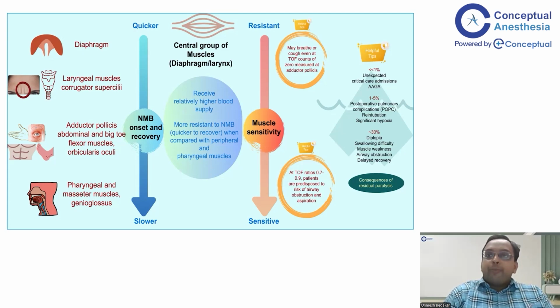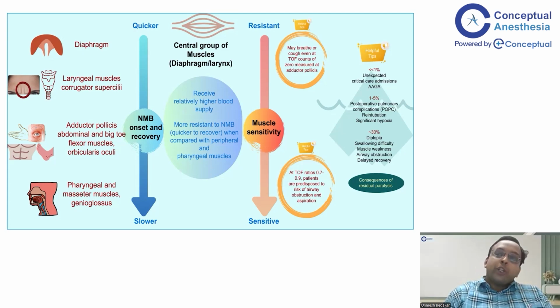In 1 to 5% of the patients, there can be post-operative pulmonary complications, re-intubation, and significant hypoxia, which is another significant concern. And in less than 1% of patients, you might have to admit the patient to a critical care unit.